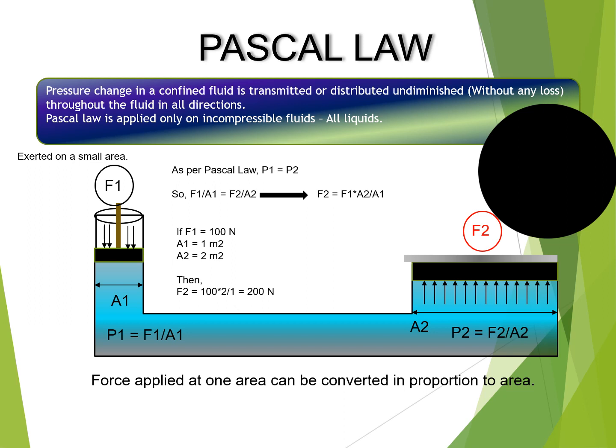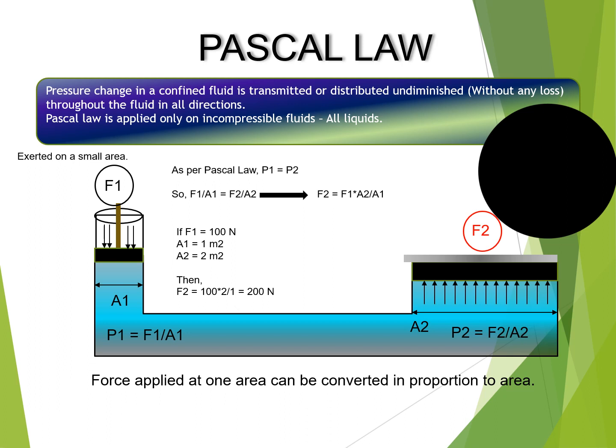Now let us take one example. If I am applying a force of 100 newtons here, F1 is 100 newton. This is narrow, so I assume that A1 is 1 meter square. On the other side, this is broader size, so area may be twice. This is just an assumption. So A2 is 2.